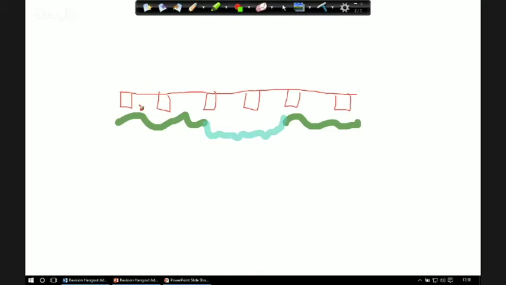If I was looking at snails, for example, I would probably find my terribly drawn snails are on the banks, but they wouldn't be in this area. And that's probably because I've got a river.